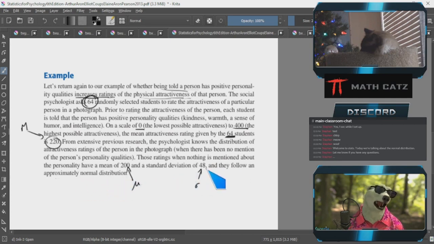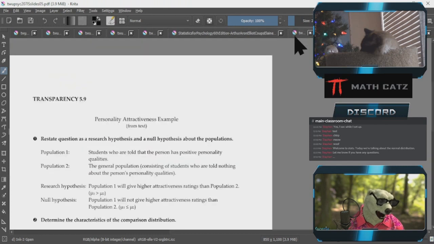But in fact, because our sample is large enough, that information doesn't really matter. I guess when we want to draw it, it does. So we want to remember these numbers. The population of individuals distribution: 200 mean, 48 sigma, standard deviation, and our sample mean is 220. Pause here if you need to read it again, of course.